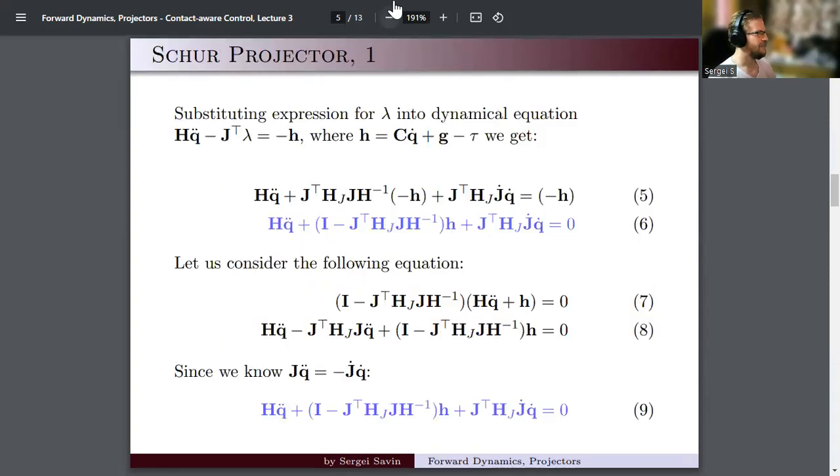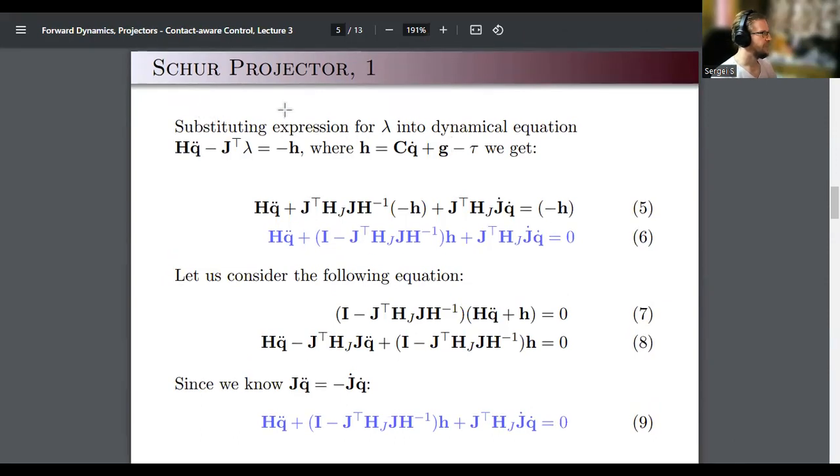Now we can do some manipulations with this. Let me show you one manipulation. First, we can substitute the expression for lambda back into the original equation, which looks like this. Let me emphasize: the manipulator equation looks like this, where h is the right-hand side.